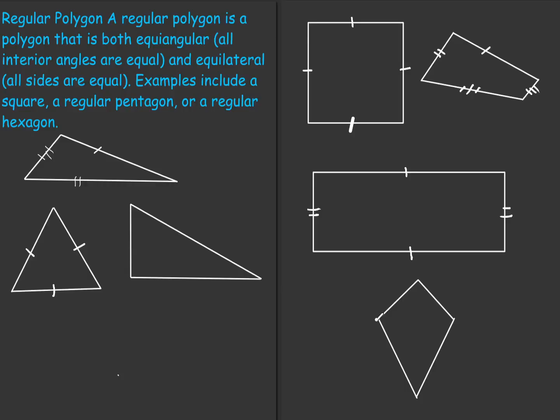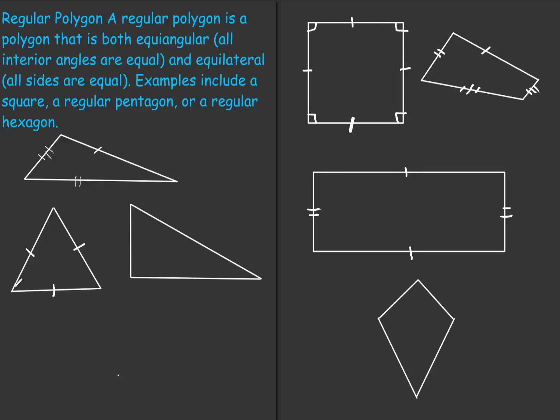Now, per our definition, it simply means it is only a square that is a regular quadrilateral. First of all, because it is equilateral, meaning all the sides are the same. And also because it is equiangular. So this angle here is the same as this angle, and is the same as this angle, and it is also the same as this angle.